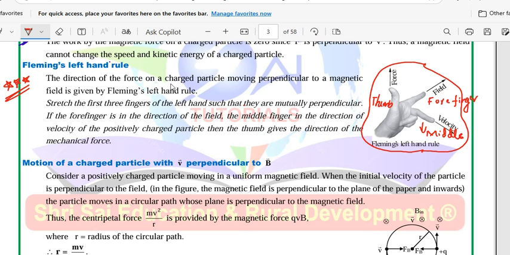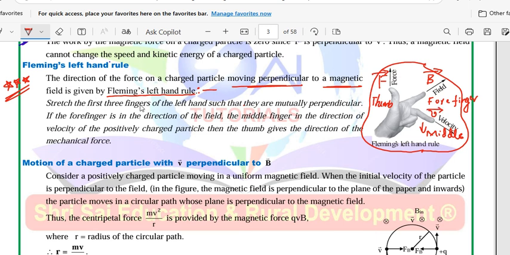So the direction of the force on a charged particle moving perpendicular to the magnetic field is given by Fleming's left hand rule. This is the magnetic force F bar, this is the magnetic field, and this is the velocity.